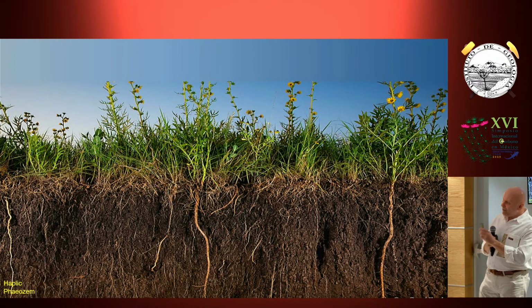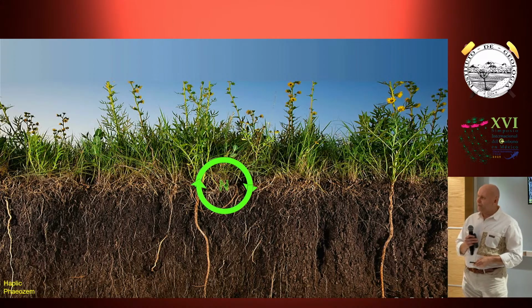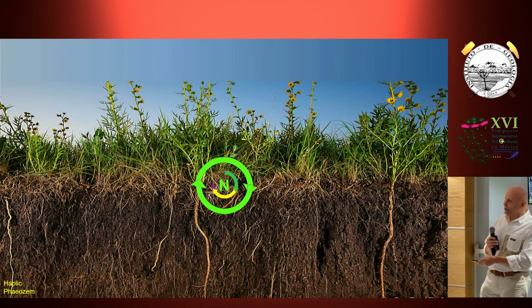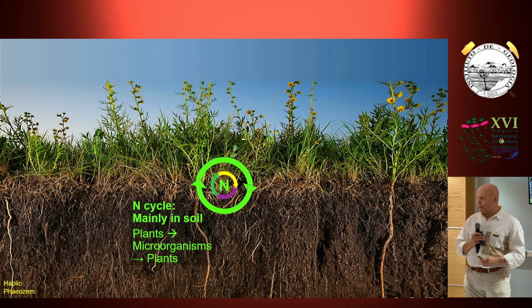If we try to present this as a picture, we have the following situation. For nitrogen turnover, there is a cycle between the plants taking nitrogen, microorganisms mineralizing nitrogen, and then nitrogen going back to the plant. So this cycle is comparatively short.